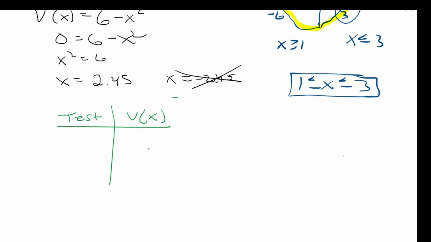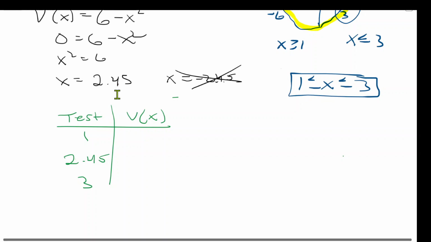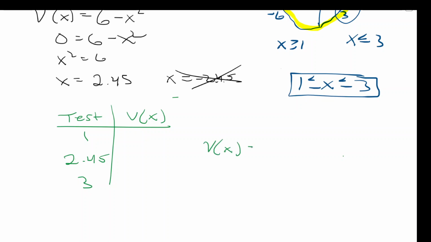So now I'm going to calculate the volume at the endpoints of the testing interval and, of course, at my critical value. And what I'm testing, don't forget, is the volume equation. We're not testing the derivative again, but we're testing 6x minus 1/3 x cubed.